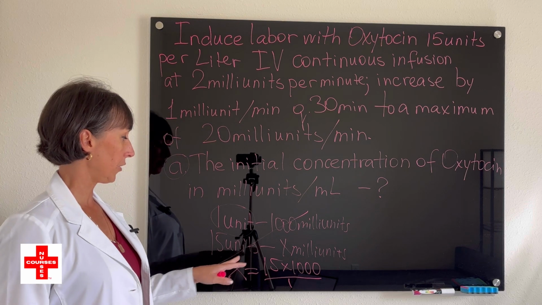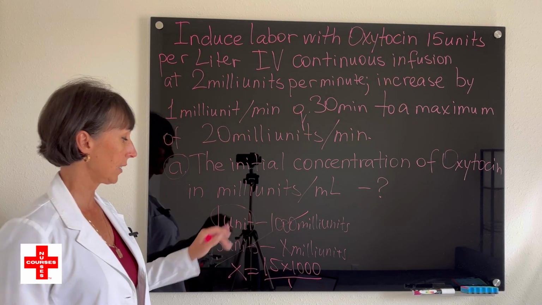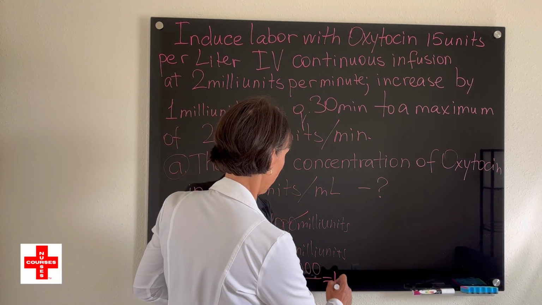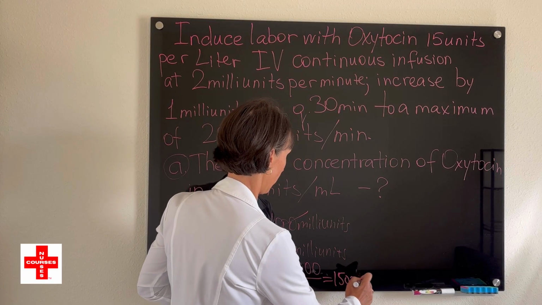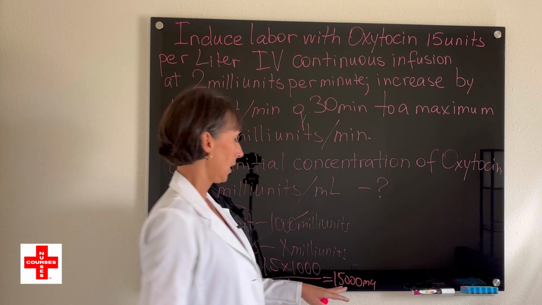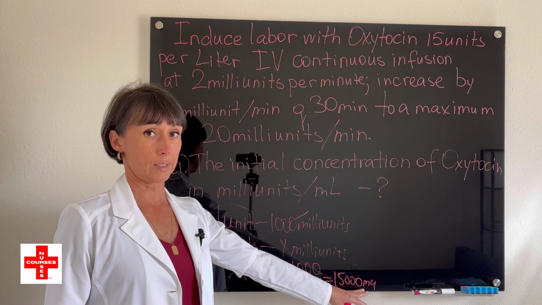In this case, we have 15 times 1,000 divided by 1. And I got 15,000 milliunits.